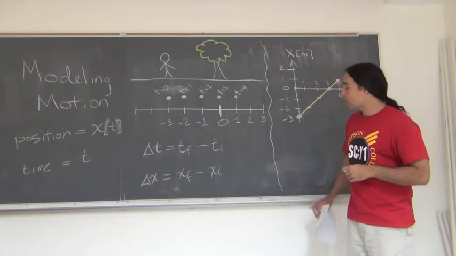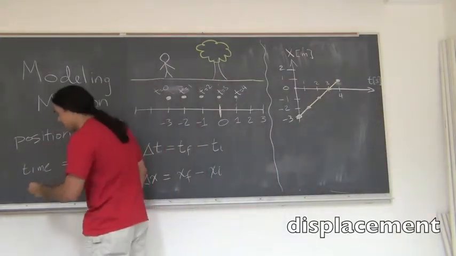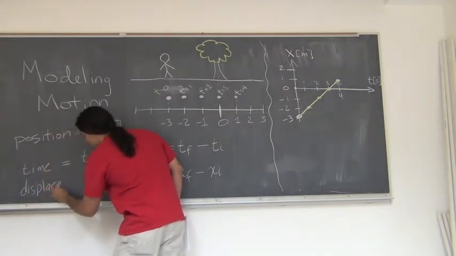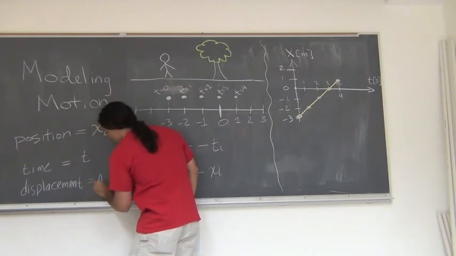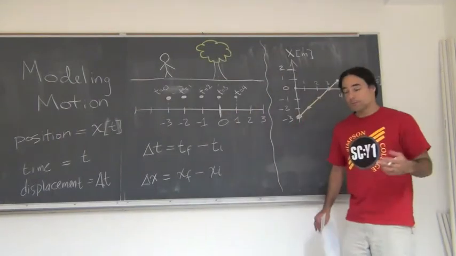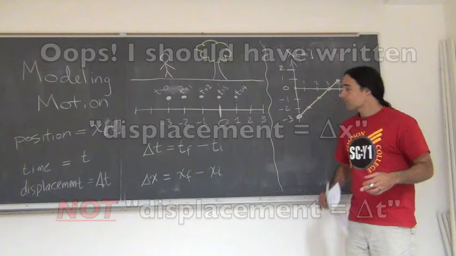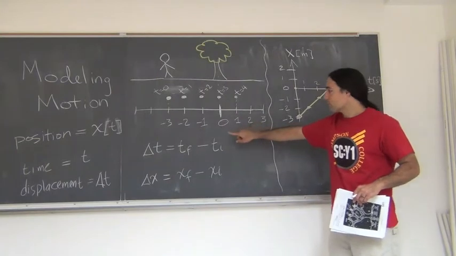We actually give that quantity a name since it shows up a lot. We call that the displacement. So you've been displaced, or my person has been displaced by a certain amount. So if I look here, my final position is 1.